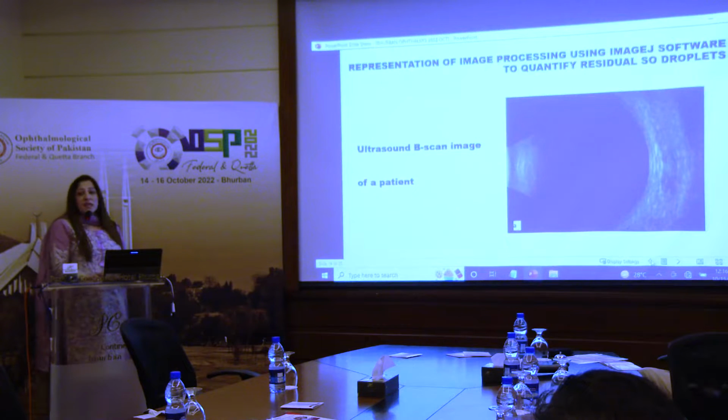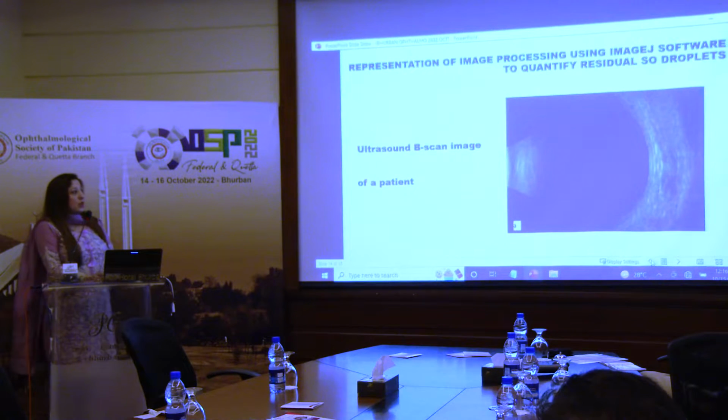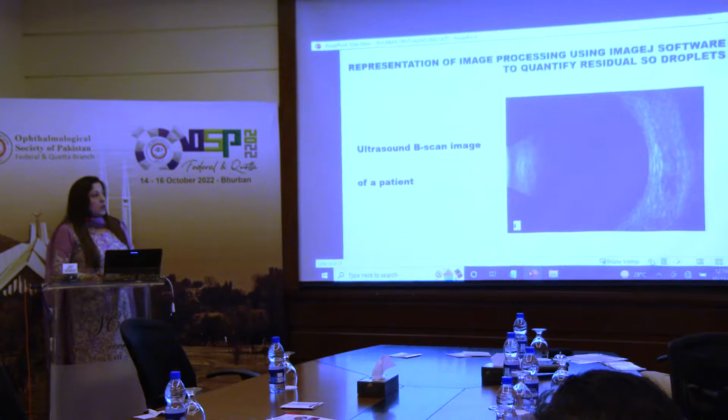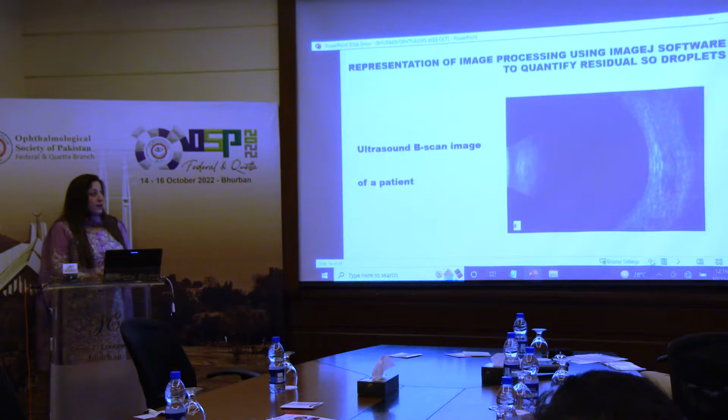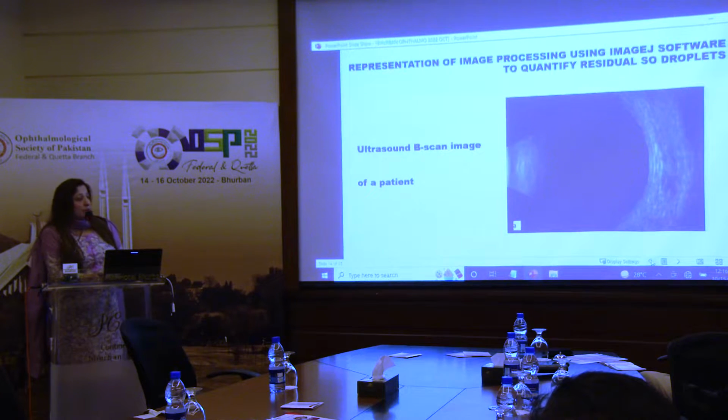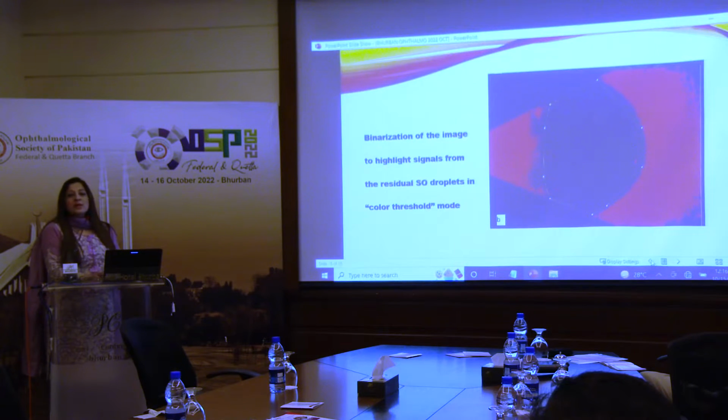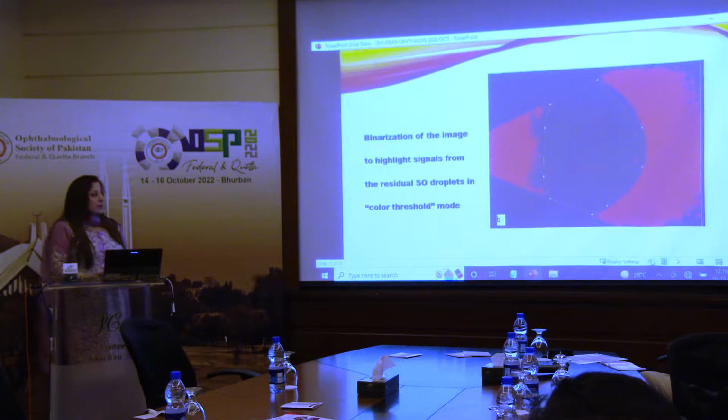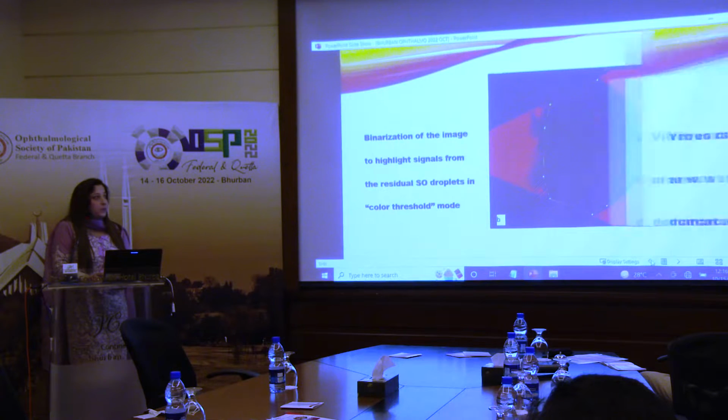So, let me give you one example. This is a B-scan image of a patient who just had removal of silicone oil. You can appreciate residual oil droplets in it. With the help of this ImageJ software, binarization of the image was done to highlight signals from residual oil droplets in color threshold mode.